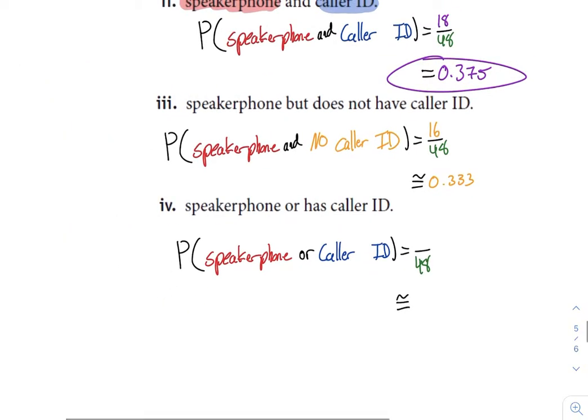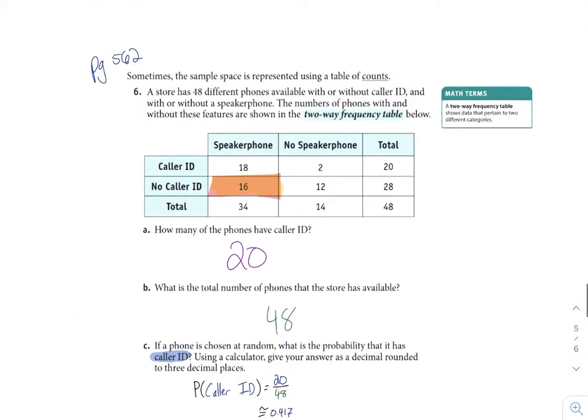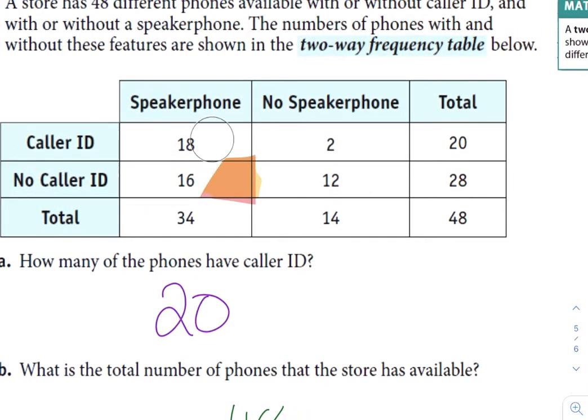All right, now, the trickiest one I think to do from a table is the or, and I'll show you why. So now we're looking at speakerphone or caller ID. So let's go ahead and take a look at the table, speakerphone or caller ID.